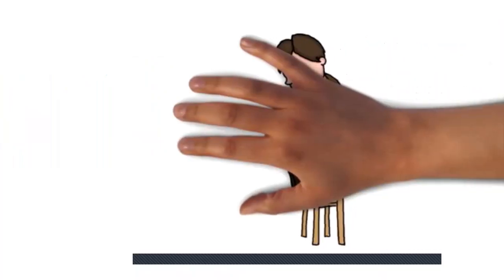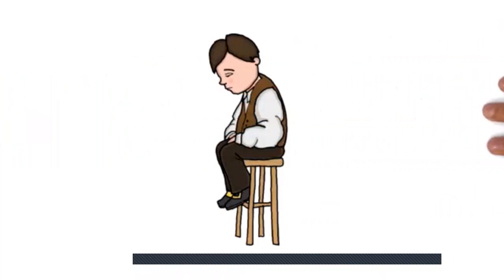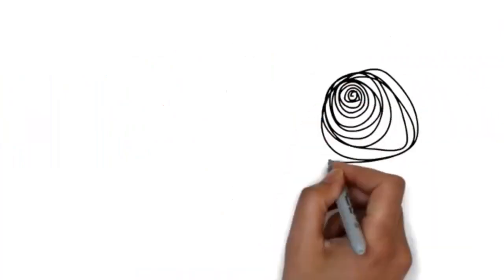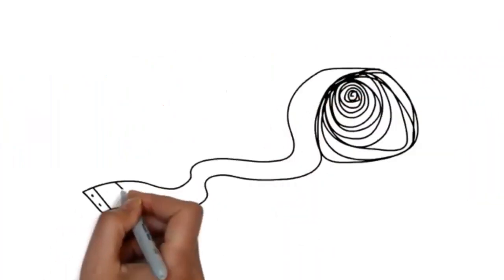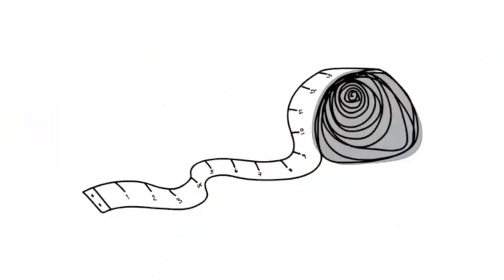There was a boy, very sad. He was sitting on a stool, wondering how he can find out how big his table is. He actually wanted to find out the length, so he thought about a measuring tape.